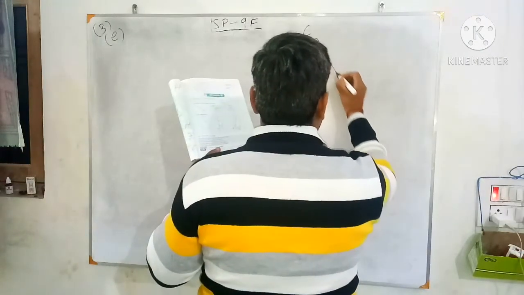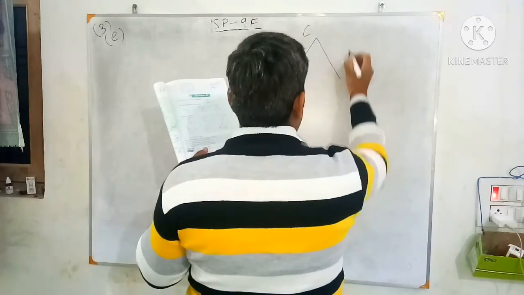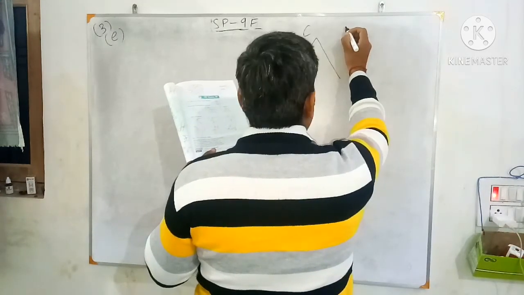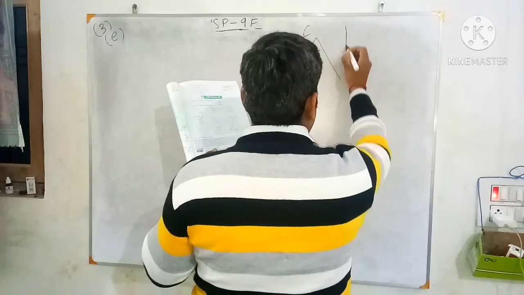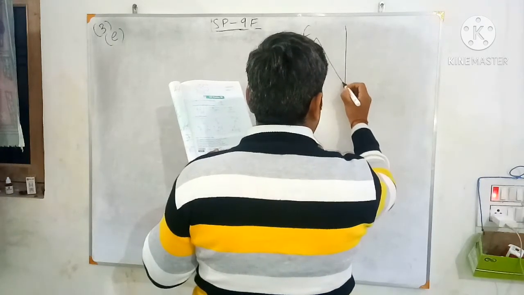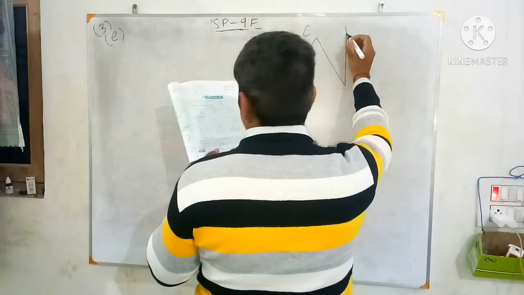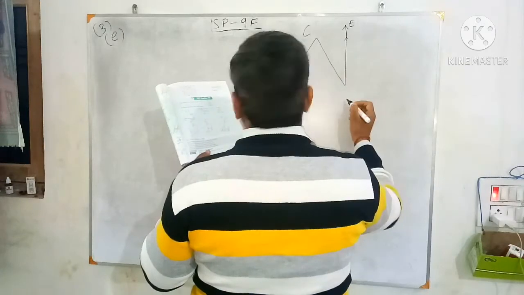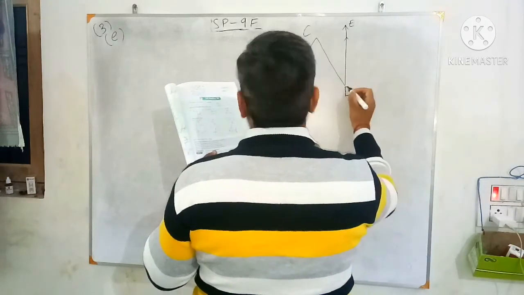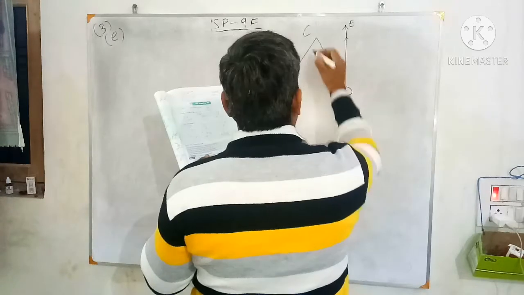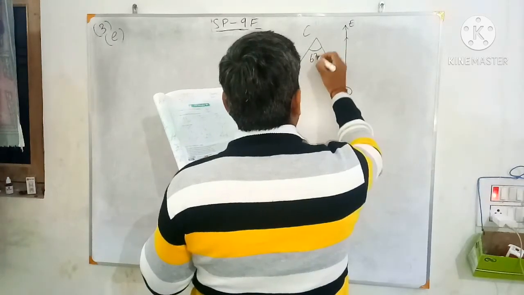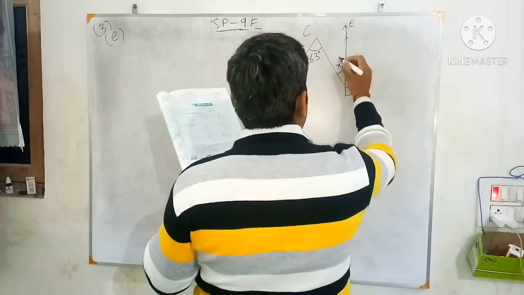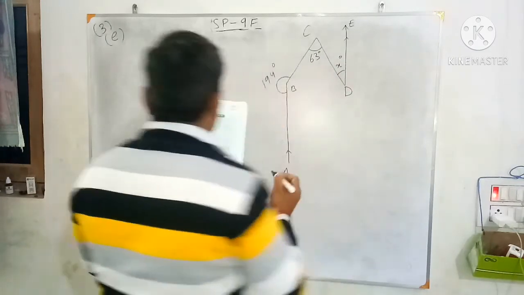Now the other line here, you are getting another parallel line. Line E. This is the point D, this is the point C, and this angle 63 degree, and this angle is x degree. That you have to find. In this question, that we have to find.